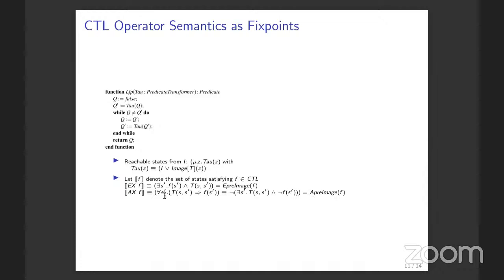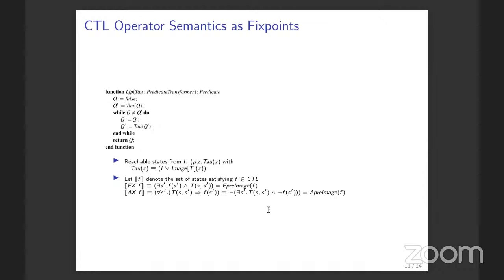For every S prime, I mean, for every state S which has a successor S prime, that has to satisfy F. So this can also be denoted as the negation of this existential pre-image.